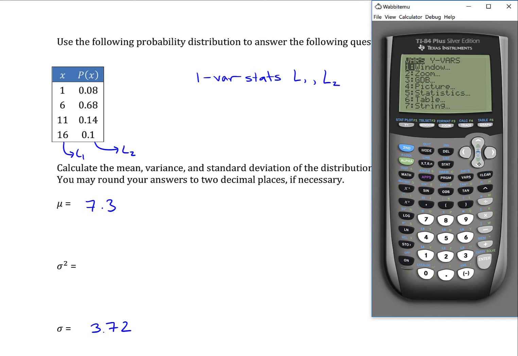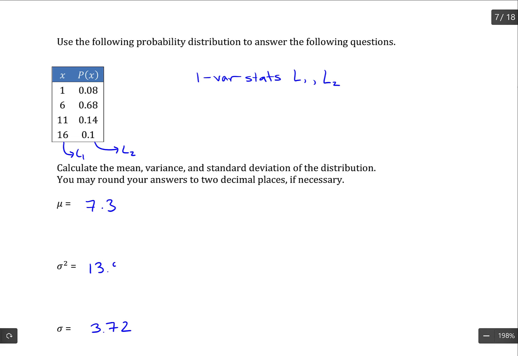And when you run OneVarStats, all of that information is stored in variables related to statistics. So you can actually call up your population standard deviation and hit square, and it will take the entire value that was on screen, up to I think 10 or 12 decimal places, and square that number, making sure you have the most accurate answer you could possibly get.